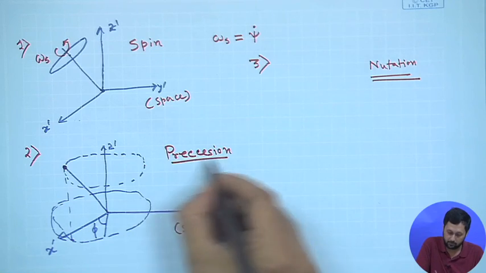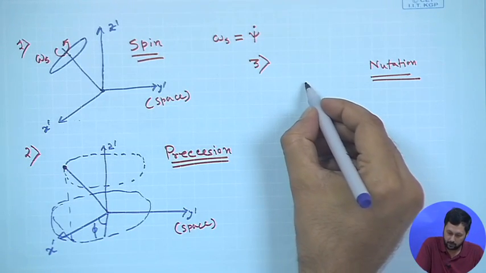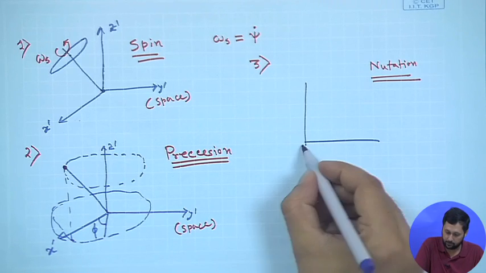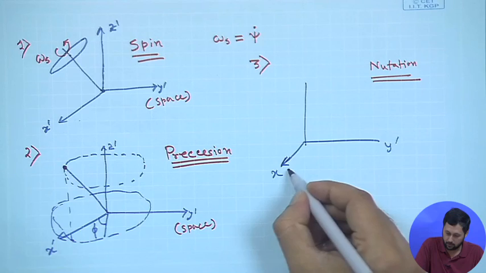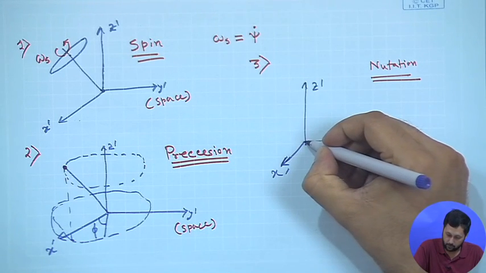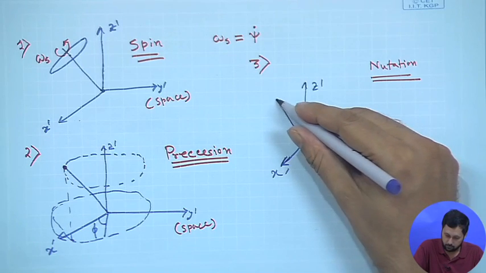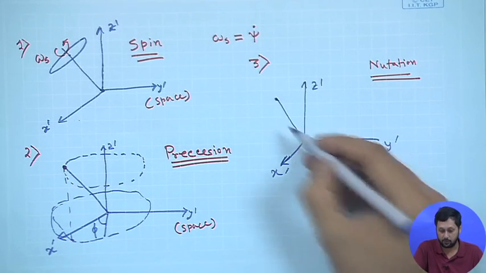Nutation is when you have, let us say, your axis system once again, x prime, y prime, z prime, and I am just again drawing only the axis of the top. Okay.